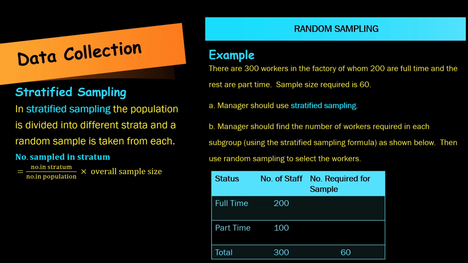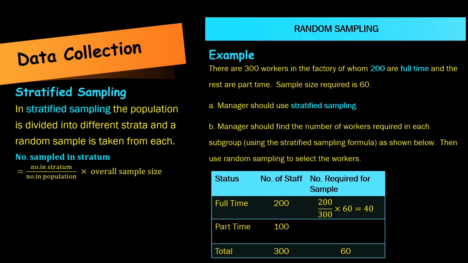Here's our table. We have 200 full-time staff and 100 part-time staff, and a total of 300 staff. The number which are required in our sample is 60.